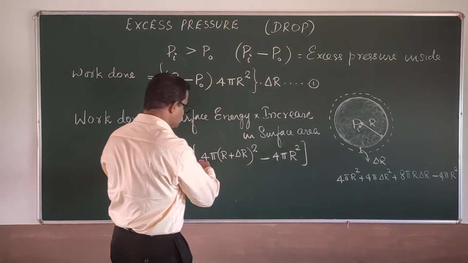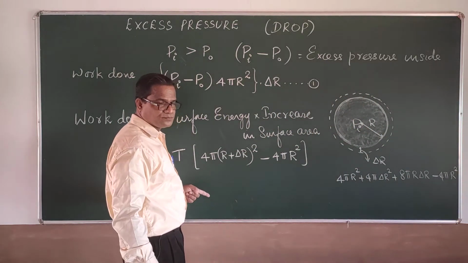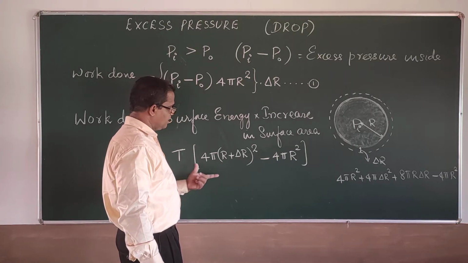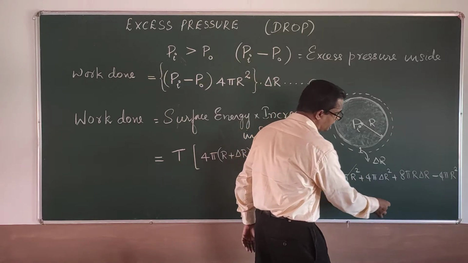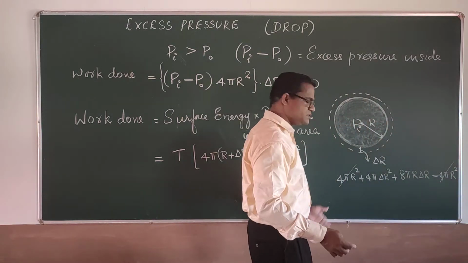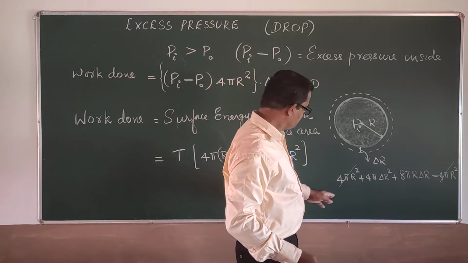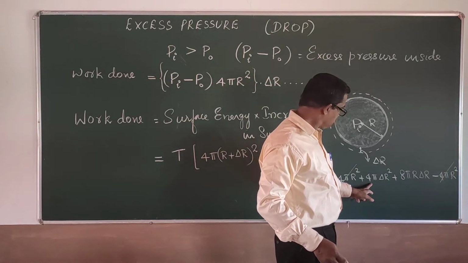This is the expansion of the bracket, in the form of a plus b whole square. So the 4 pi r square terms cancel each other and become 0.